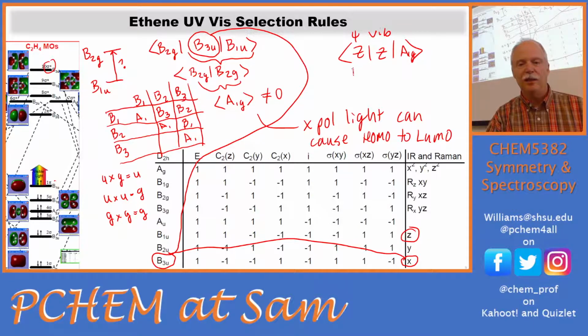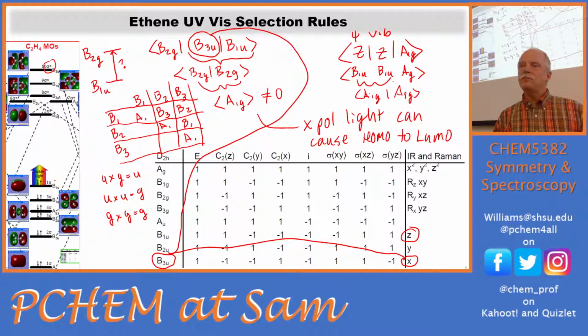So you need the B1U and B1U and AG, and these two give you A1G times A1G. See? And so that's going to be allowed. So for vibration, it's easy. If it's a Z motion, then Z polarized light will interact with it. If it's an X motion, X polarized light will cause it to absorb.